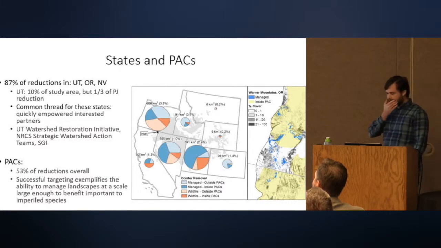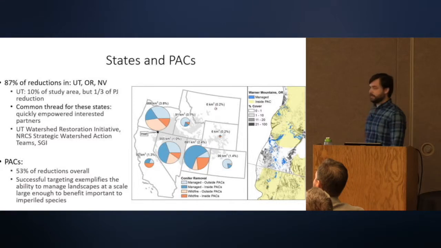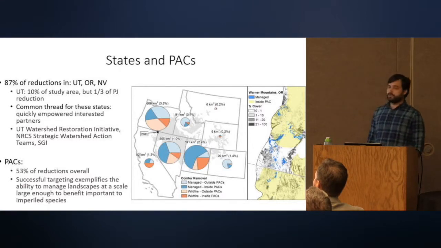And one of the common threads for all 3 of these big states is that they were able to quickly empower a lot of their partners that were interested in doing this sort of conifer reduction work. And they did this by leveraging resources like the Utah Watershed Restoration Initiative, NRCS Strategic Watershed Action Teams, and partnerships with the SGI. And so they really leveraged all the tools that they had available at the time to get going.